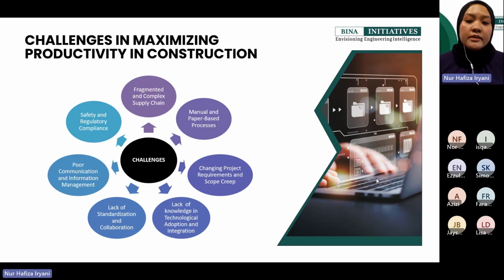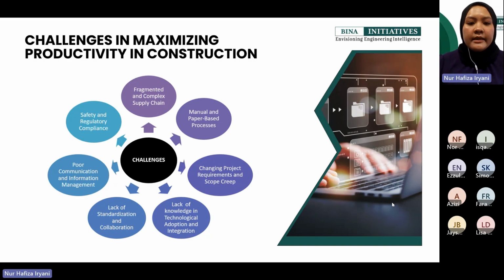Okay, this can result in inefficiency in providing information, errors, delays. Delays because of what? Because it is time consuming. You do and then you redo. You do and then you redo. And this person also does the same thing, and then you need time to cross check with each other. Okay, so this is very troublesome, and this is one of the challenges in maximizing productivity in construction.